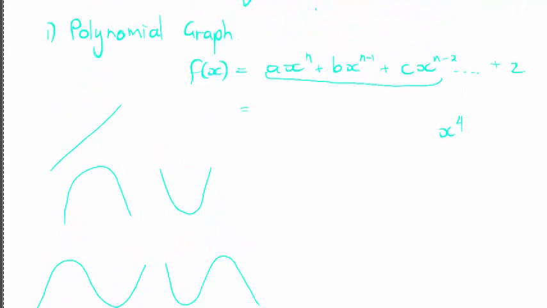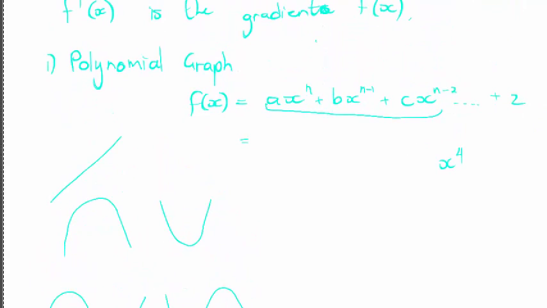So basically, guys, to draw all of these graphs, we first discover the shape. Since we are going to be working with cubic graphs, it's going to look like one of these two. For me, it looks like an N and an upside down N. That's how I remember it.